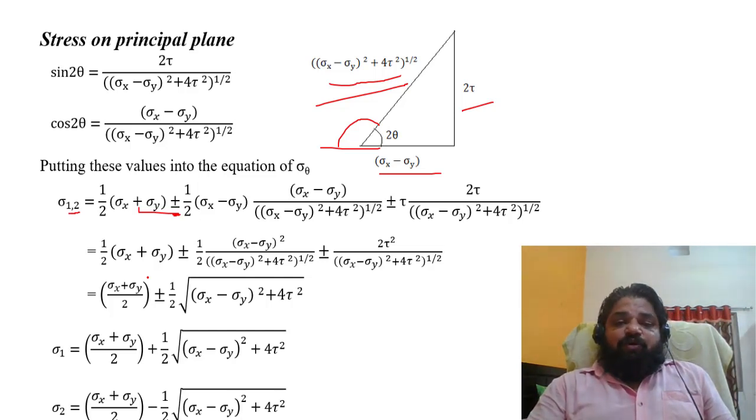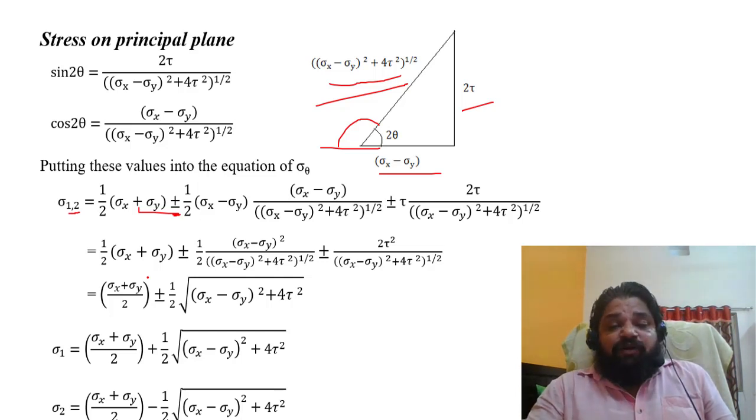I believe this much is clear about the principal stresses which occur due to the combination of normal and shear stresses on mutually perpendicular planes. If this occurs, what are the resultant stresses that develop on an inclined plane, and what are the principal stresses that develop? These principal stresses are due to the application of sigma x, sigma y and tau xy.